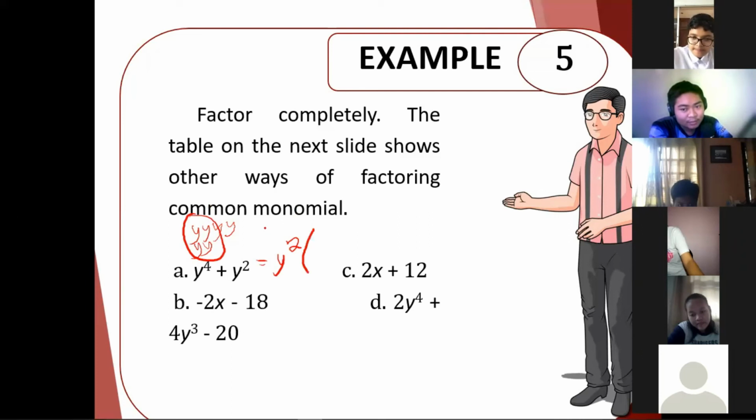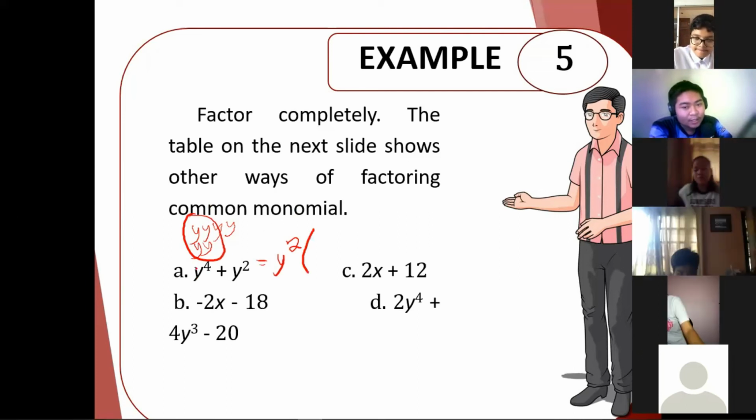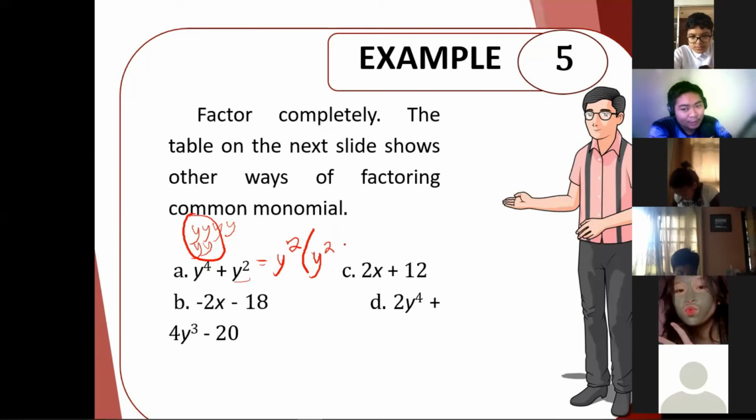If you divide y raised to 4 by y raised to 2, that would be y raised to 2 na lang pala, sorry. Ayan, y raised to 2 na lang. Check. Y squared times y raised to 2, that would be y raised to 4. How about for the other one? Y squared divided by y squared, that would be positive 1. Diba?